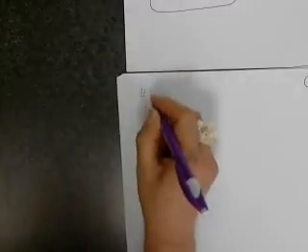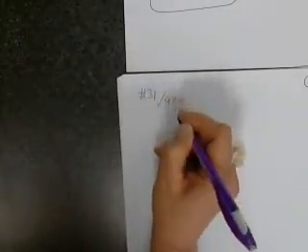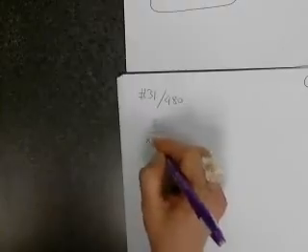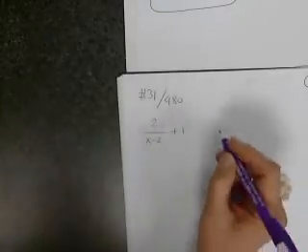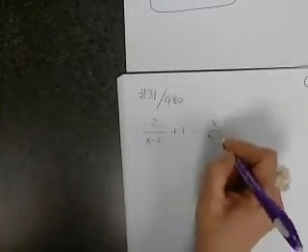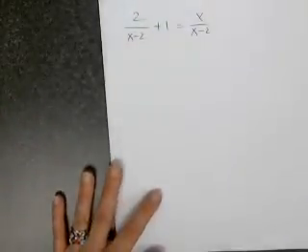Okay, 31 on page 480. 2 over x minus 2 plus 1 equals x over x minus 2. Last problem for tonight.